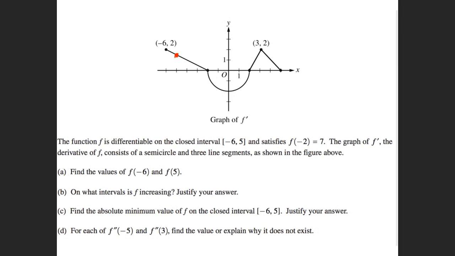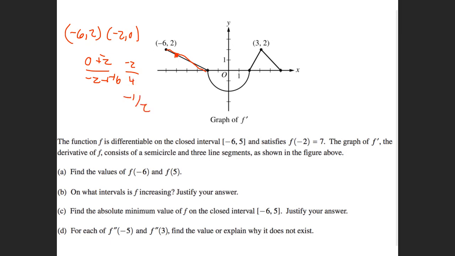Well, I'm just going to take negative 6, 2, because it's on this line, right? So the slope would be the same as this line. And what is that? Negative 2, 0. So 0 minus 2 over negative 2 minus negative 6. So that's negative 2 over 4. So negative 1/2.